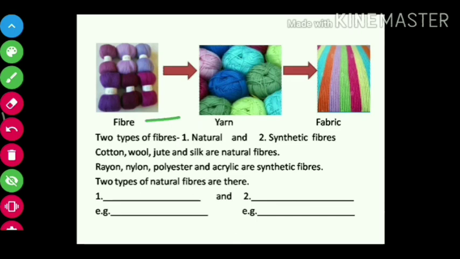These are very fine thread-like particles. When fibers are twisted, they are converted into yarn. Then we make fabric from yarn by weaving and knitting.